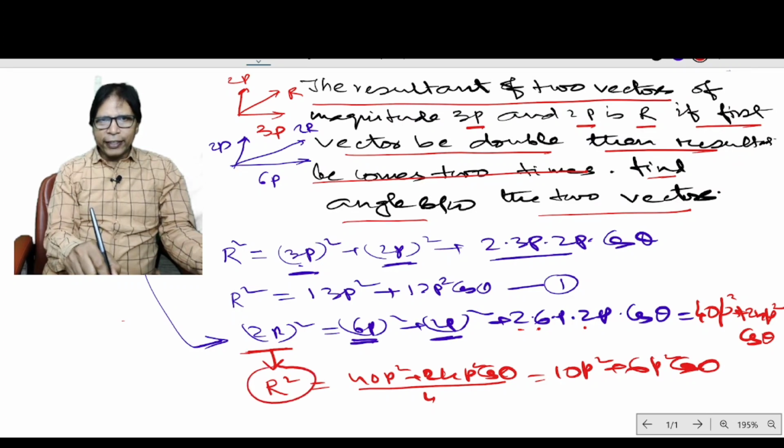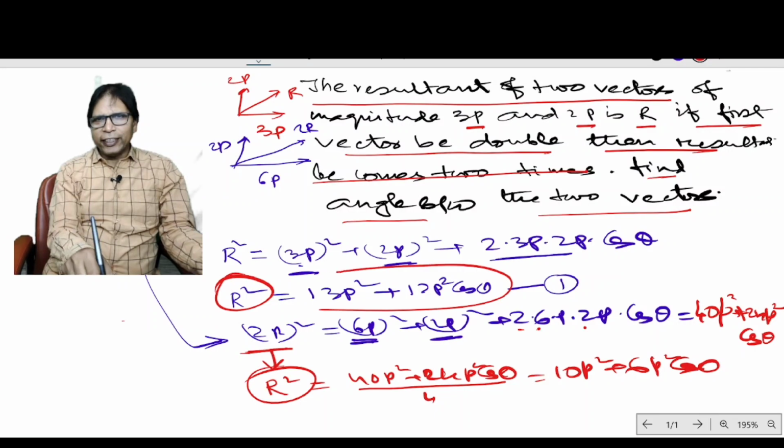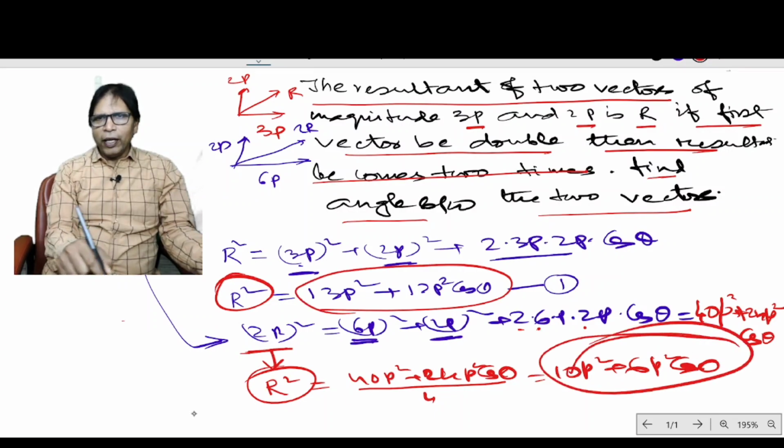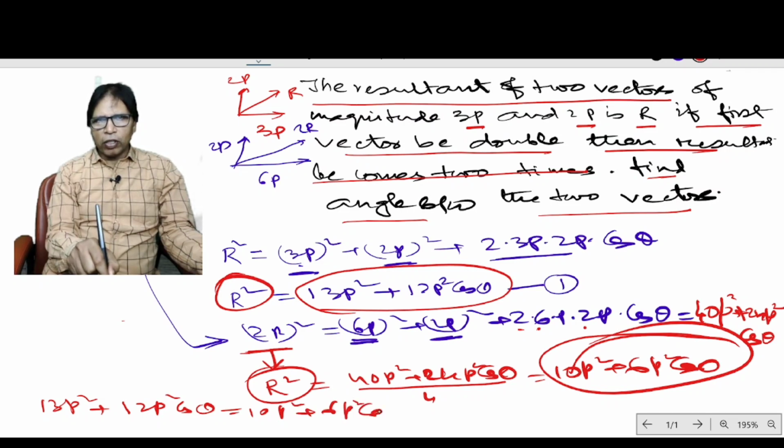Now this is r square and this also is r square, so this equals this. Okay, no problem. Therefore 13p square plus 12p square cos theta equals 10p square plus 6p square cos theta.